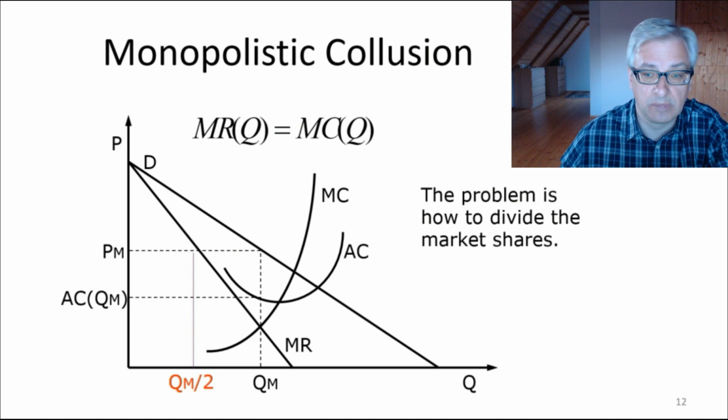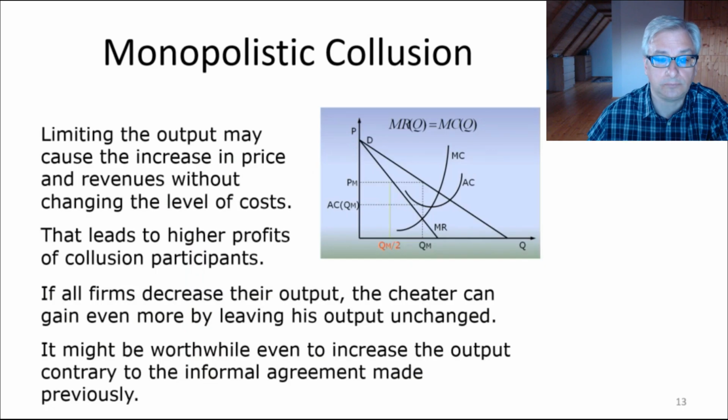Monopolistic collusion, remember, would give the opportunity of gaining the highest profits for the members of this collusion. So that would be about actually reducing the output and pushing the price up. That allows to get high level of revenues and therefore high levels of profits.